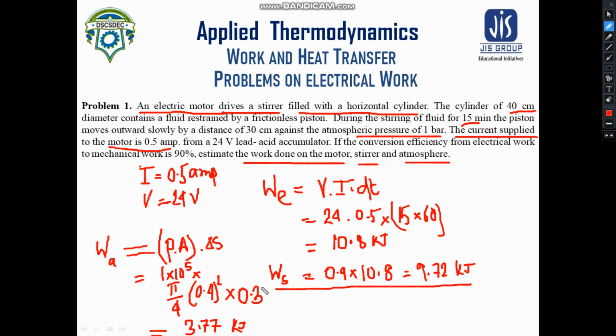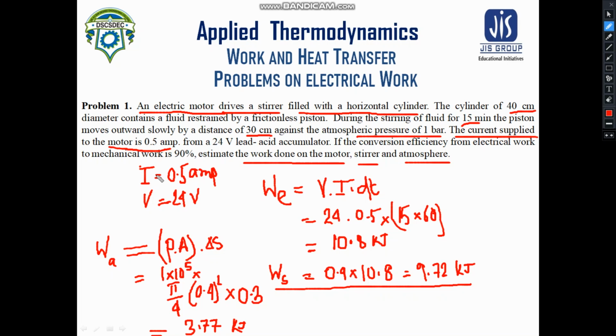So this was the input energy to the fluid, and so 9.72 kilojoule was provided to the fluid, and from this 9.72 kilojoule, 3.77 kilojoule is used by the fluid to cause a certain expansion of the piston by a distance of 30 centimeter. I hope that you have understood.